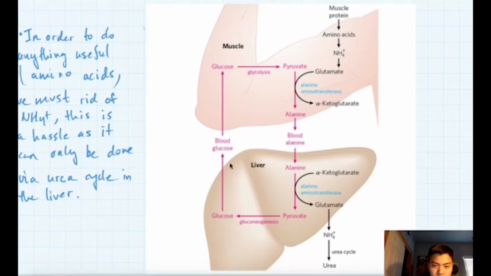So let's go back to our objective here. And so we're using alanine aminotransferase, and instead of alpha-ketoglutarate to glutamate, we're getting glutamate to alpha-ketoglutarate, and instead of alanine to pyruvate, we're getting pyruvate to alanine. And so then alanine can be sent to the liver, and then the forward process can occur, and then we can create glutamate, right? And then glutamate here, remember, is an important precursor.